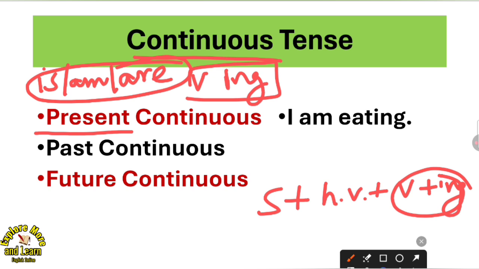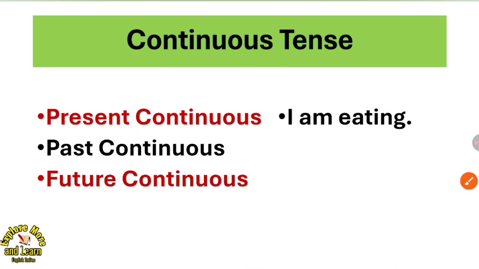And the same sentence, if you change into past continuous, then it will be I was eating. And you have to learn it that with I and with he, she, we use was, but with we, you, they, we use were.